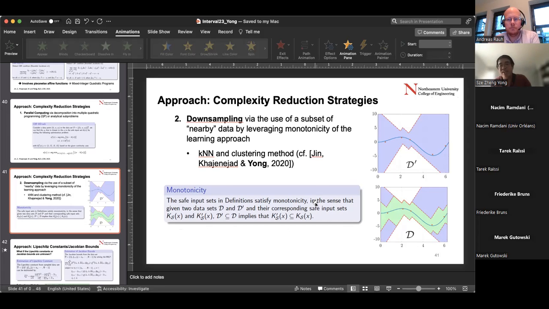I think for all these methods, if we want to make it faster, then we have to give up something. And usually it is conservatism that we are paying for it, and that includes our methods as well. So I think the state dimensions is not as big a problem as the number of data points, at least so far from what we've done. But that's why we did this downsampling method.